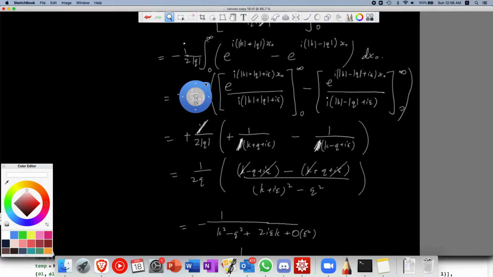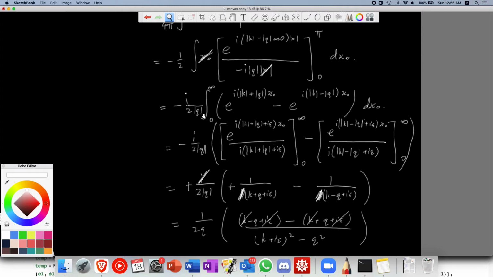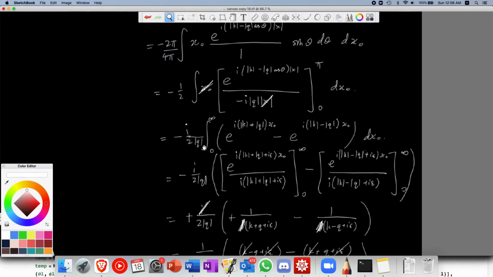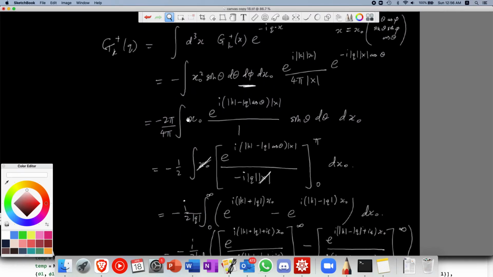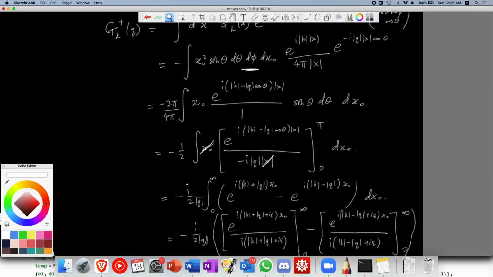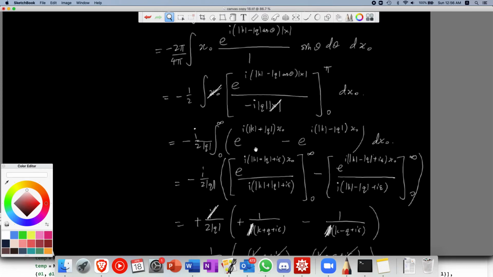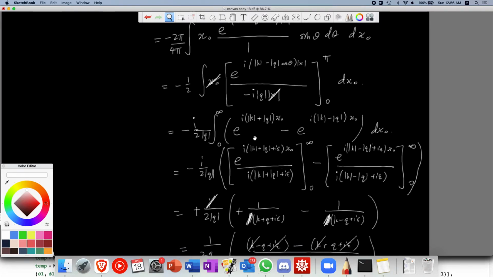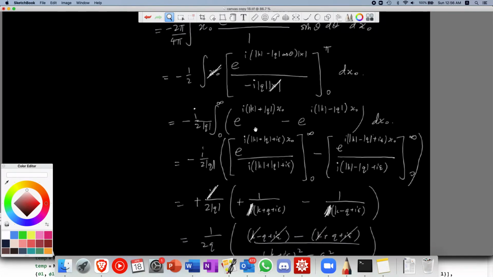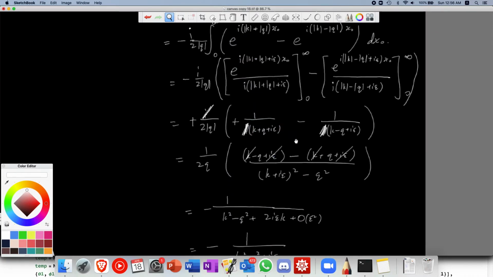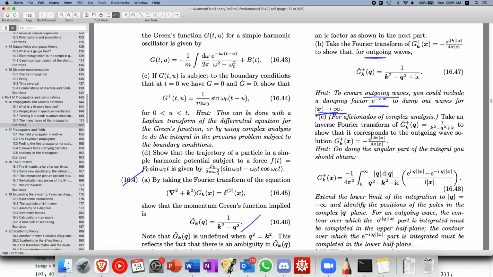I believe you get the idea of it. There's probably some missing minus sign somewhere that I did not catch, but let's not deal with that over here. I shall not try to find the minus sign, but you see that we get the Fourier transform of it.